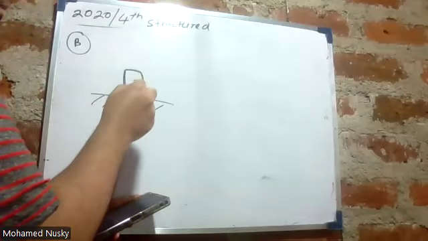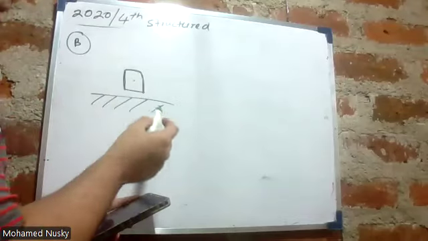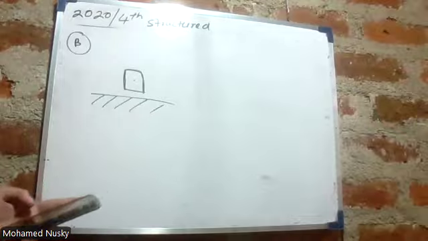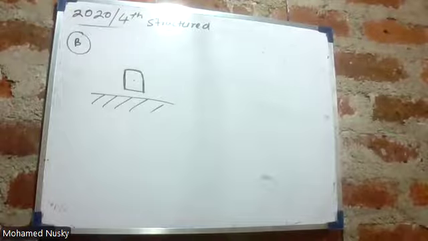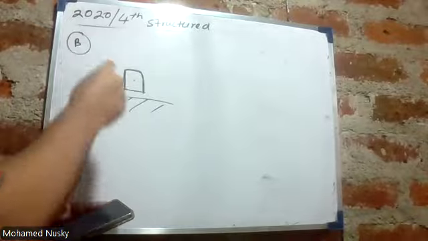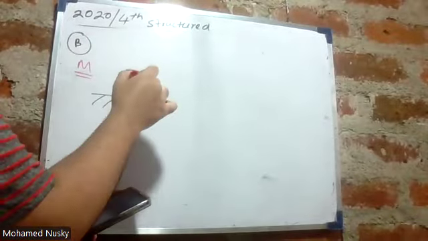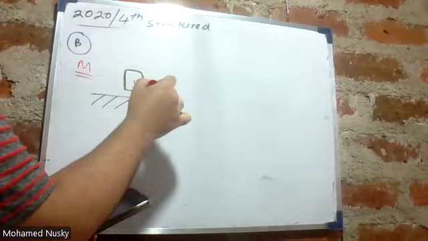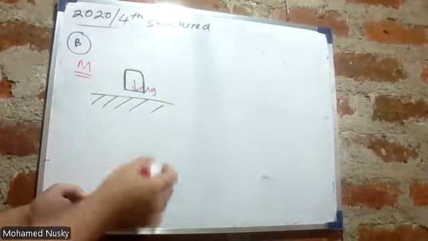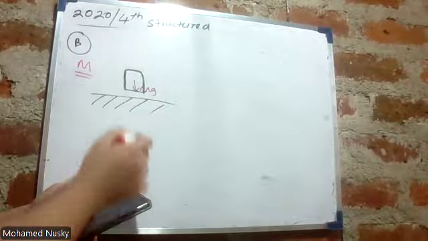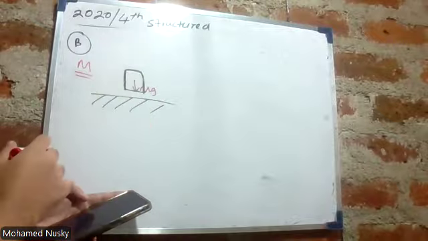Now here, there will be an mg force. Let us take its weight as m. Therefore, there will be a force in the downward direction, that is mg, on this box.